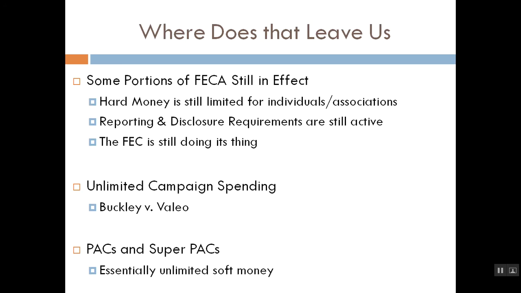So PACs are heavily regulated, and they spend hard money to directly support candidates. But after Citizens United, we're going to get a separate kind of PAC, which is the Independent Expenditure Only PAC. And Independent Expenditure Only PACs are commonly called super PACs based on a nickname applied to them by the media.